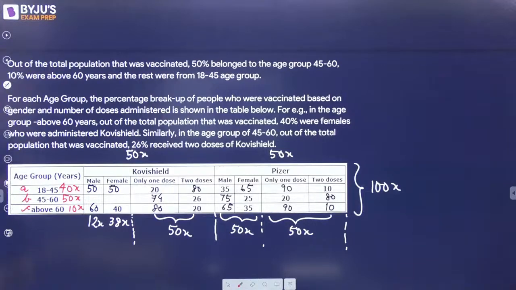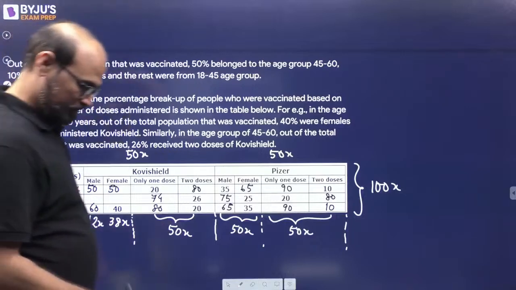Without equations? This will become an algebra based question, I said otherwise. Oh, we will have to solve now. Sorry.